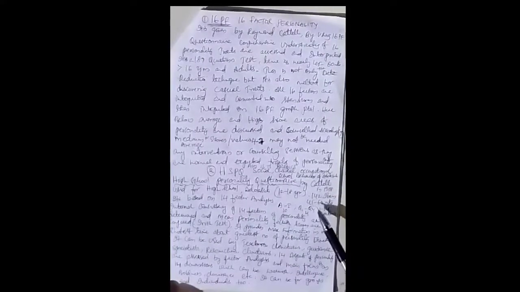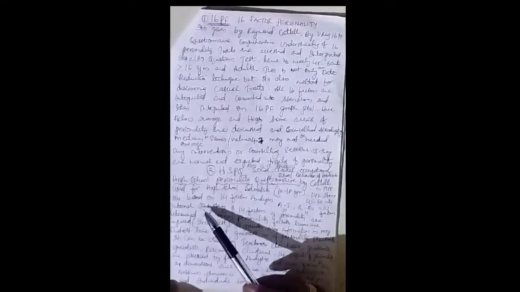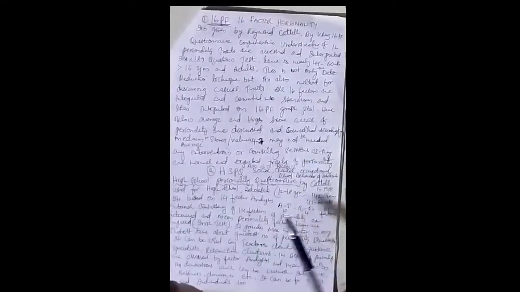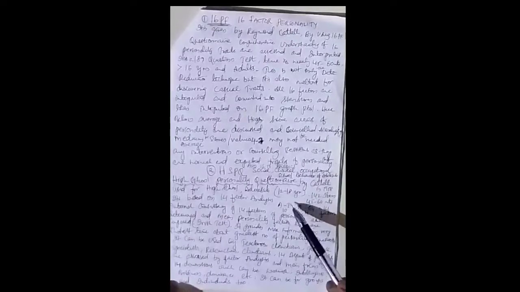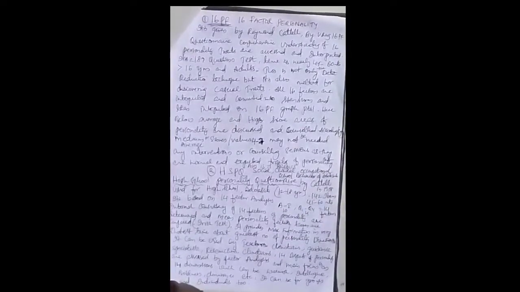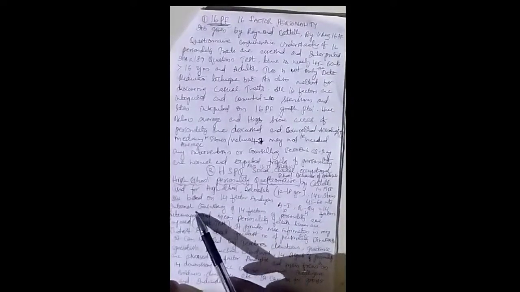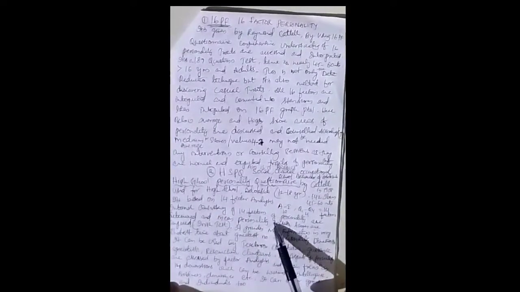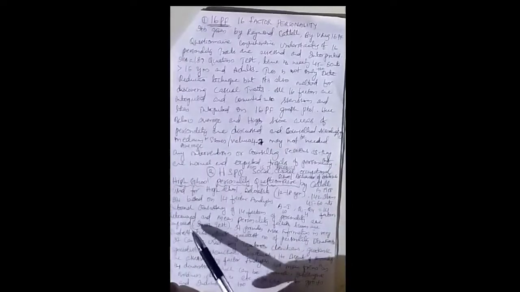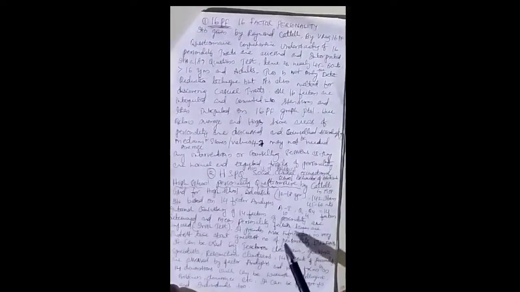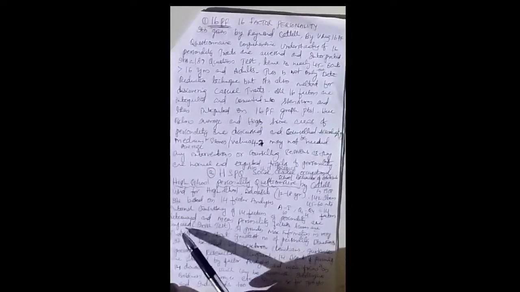The time allotted is 45 to 60 minutes, and it is based on 14 factor analysis. The factors are A to I, that is 10 factors, and Q1 to Q4, or 4 factors, a total of 14 factors. Internal consistency of the 14 personality factors is determined and mean personality factor scores are compared.